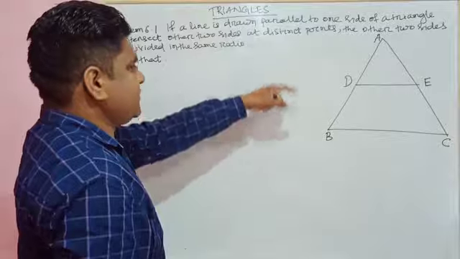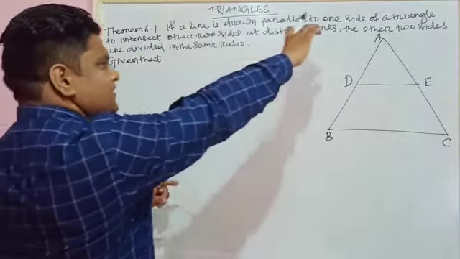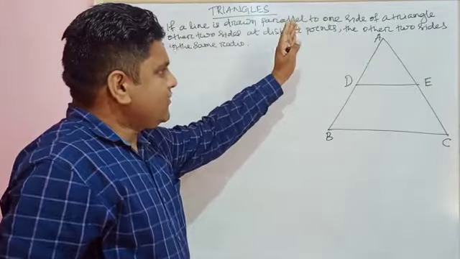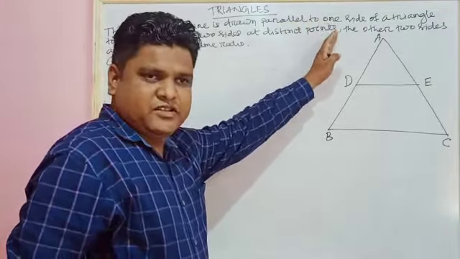if a line is drawn parallel to one side of a triangle to intersect other two sides at distinct points, we have to write in given up to this much.